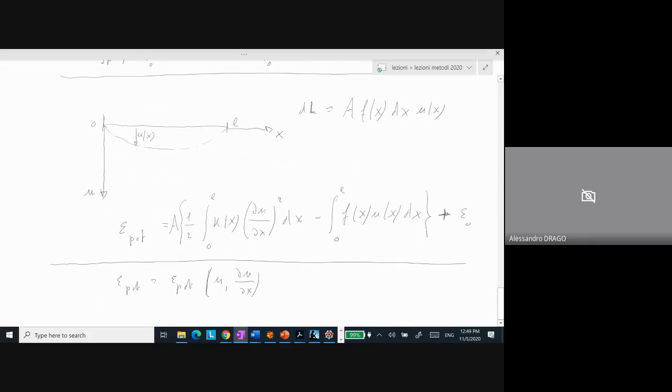This is the typical notation that you have when you write this type of quantities in field theory.